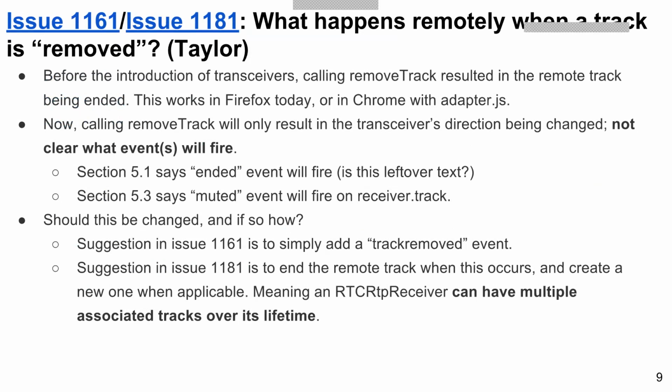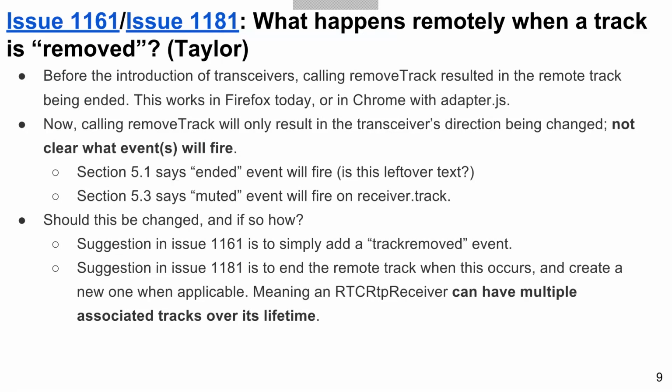Okay. So this cluster of issues is basically we need to figure out how tracks relate between the sender and the receiver. At some point, there is a symmetry where if you call add track on one side, the track appears on the other side. If you call remove track, the track is removed on the other side.